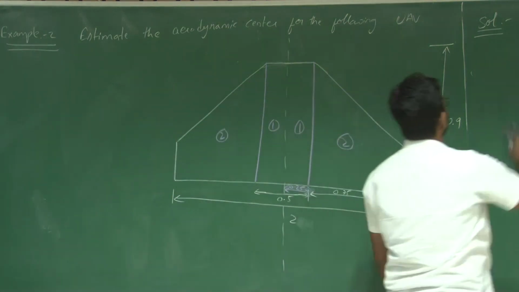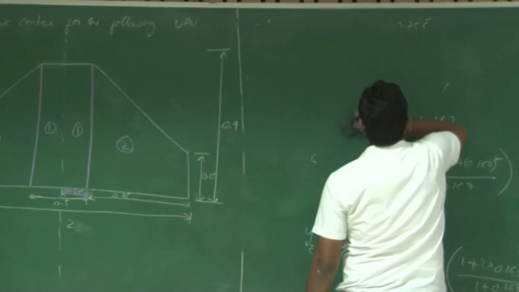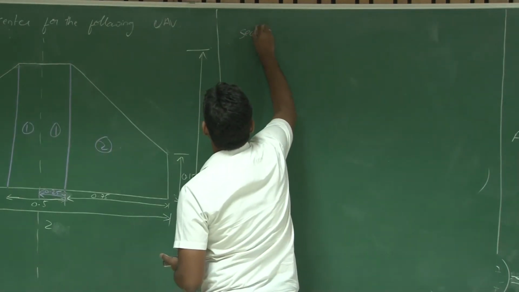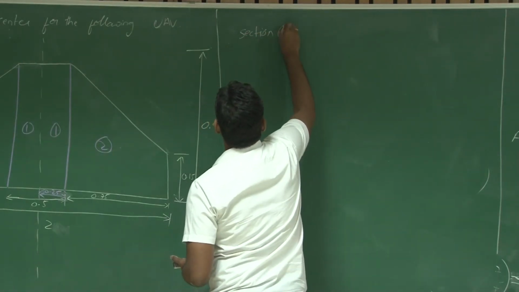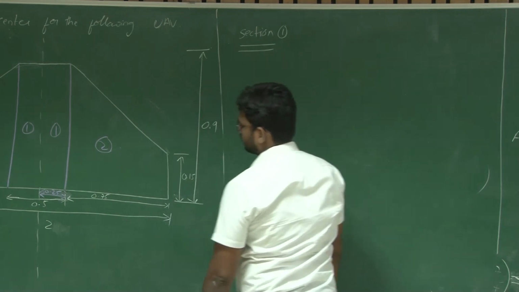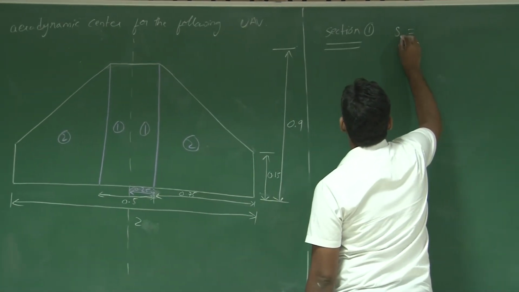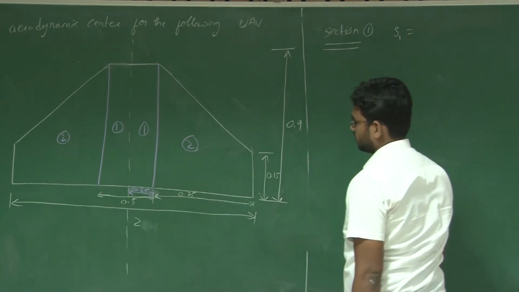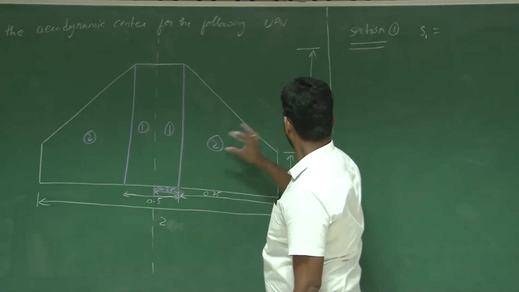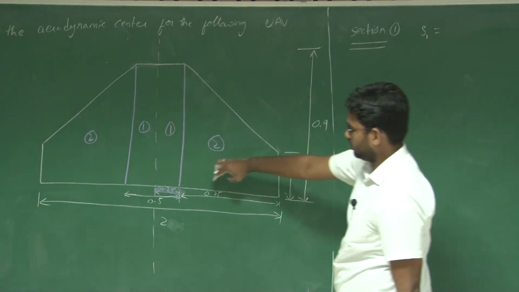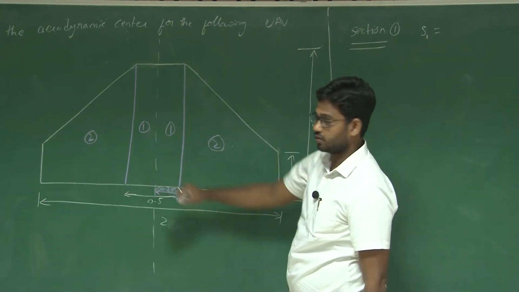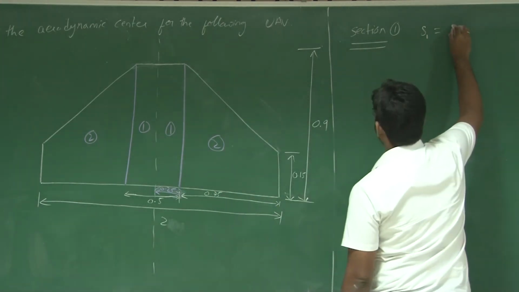Now how do we find the aerodynamic center for this configuration? Let us take section 1. What is the area of this section 1? Say S1 is CR into this span, right?